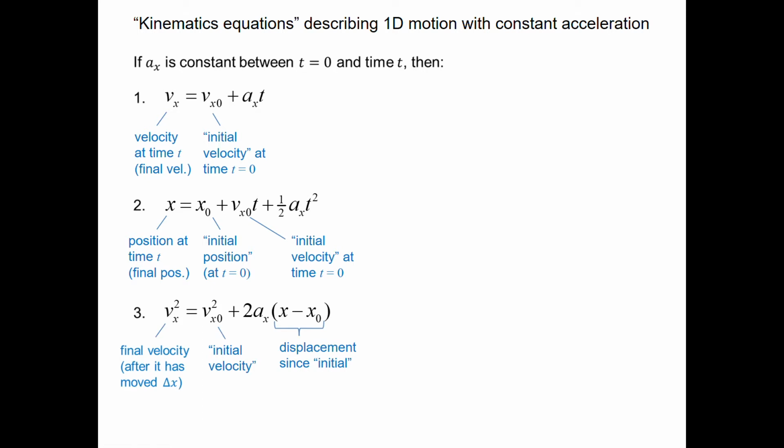The meanings are the same as the things we said before. Vx is the final x velocity, the x velocity at time t. Vx0 is the initial x velocity, and x minus x0, sometimes you'll see me write this as delta x, is the displacement from t equals 0 to the later time t.